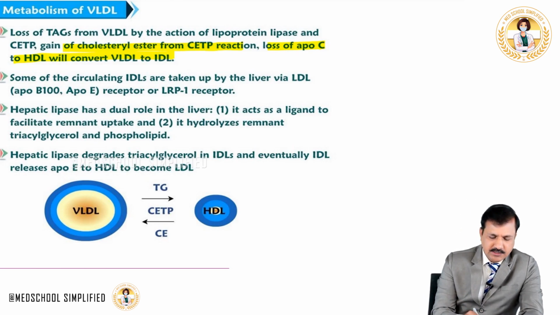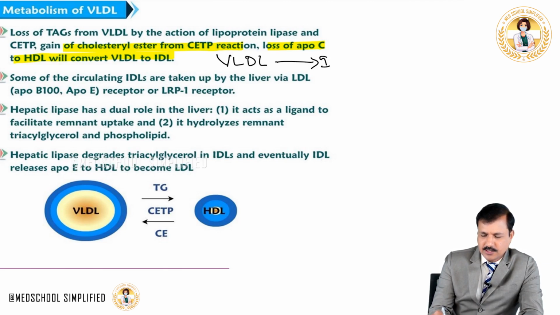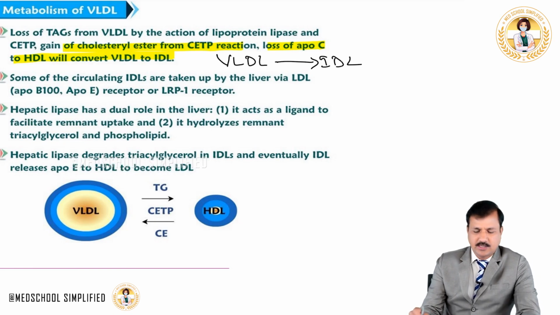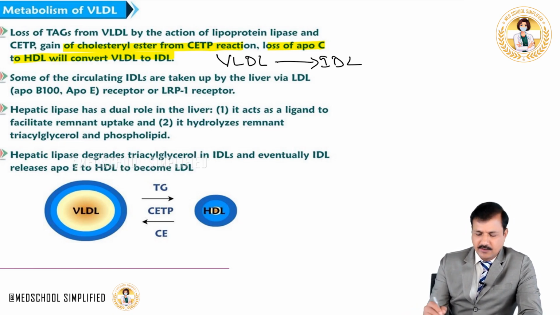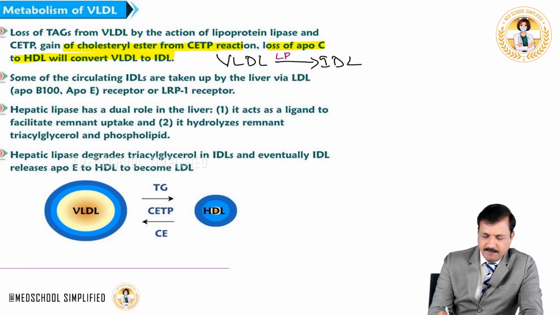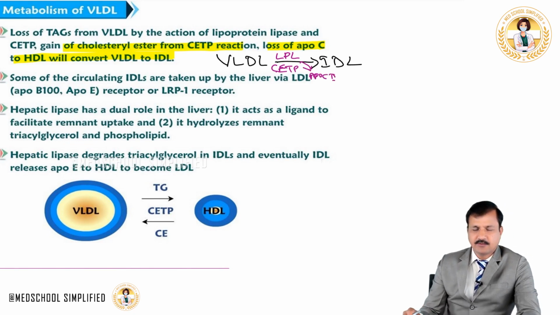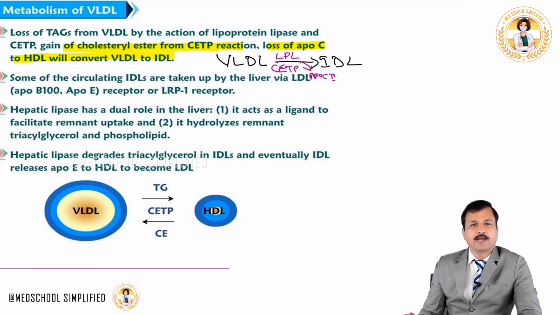What are all the factors that convert VLDL into IDL? One is the action of LPL, lipoprotein lipase. Second is the action of CETP, and also the later release of Apo C-II. All that will convert VLDL into an IDL molecule.